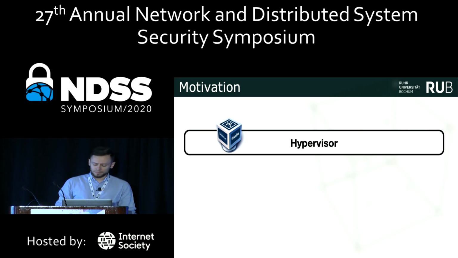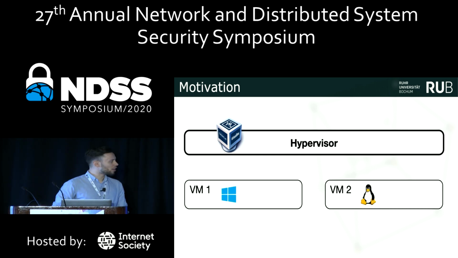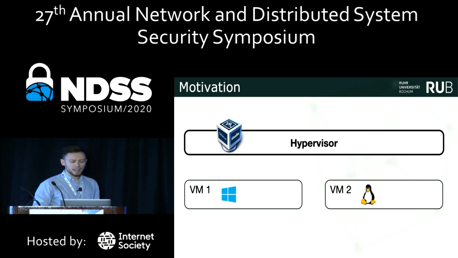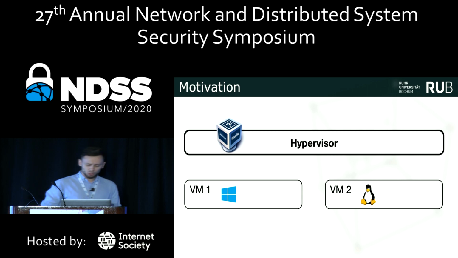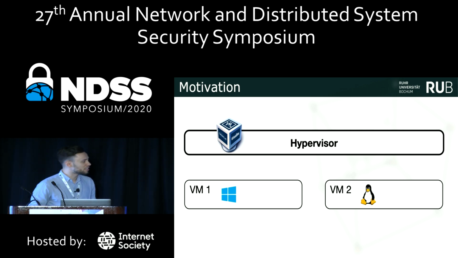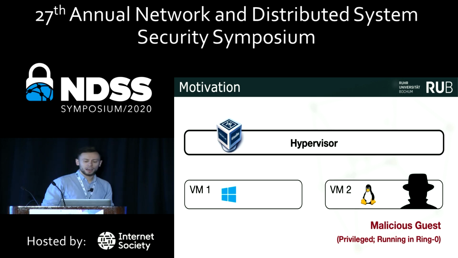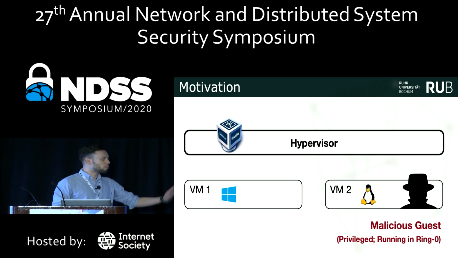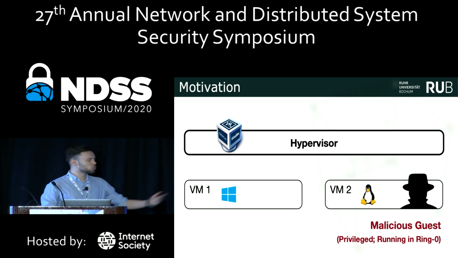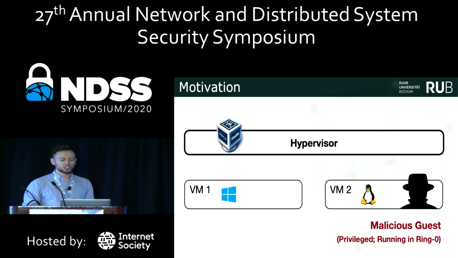So, what's the threat model? Let's assume there are two virtual machines, and at some point during execution, an attacker is able to gain code execution in the second virtual machine. From now on, we can assume that this virtual machine has become a malicious guest.